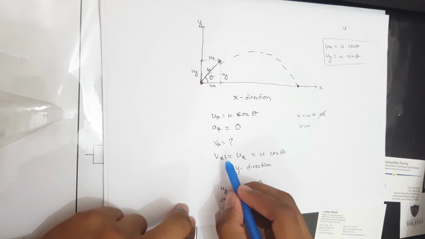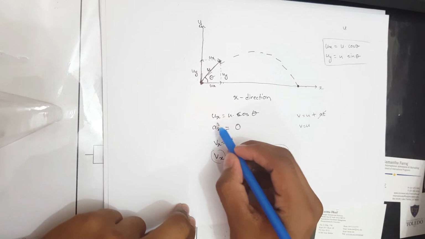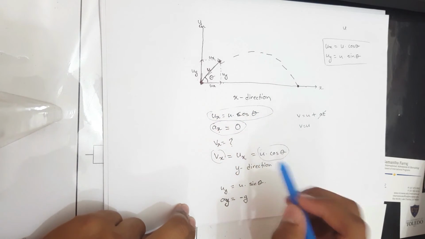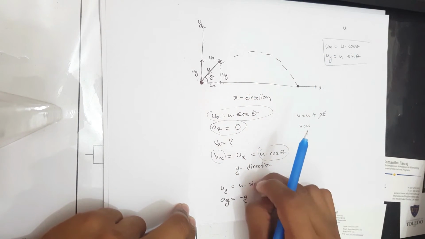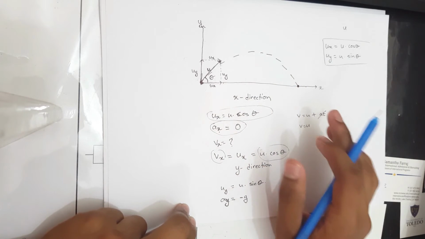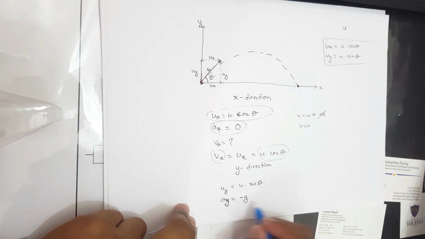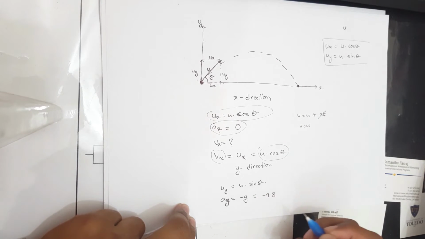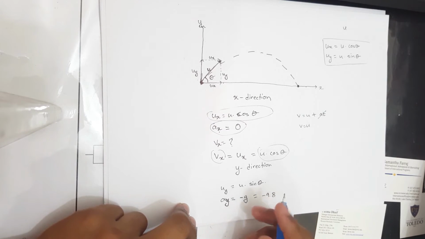These are things you have to memorize, like vx, ux equals u cos theta, ax equals 0. These are not dedicated to just this scenario. This is for any two-dimensional projectile scenario. So ay equals minus g, which is minus 9.8. Simple. These are universal laws, by the way, so you can't really alter them. These are things you have to memorize.